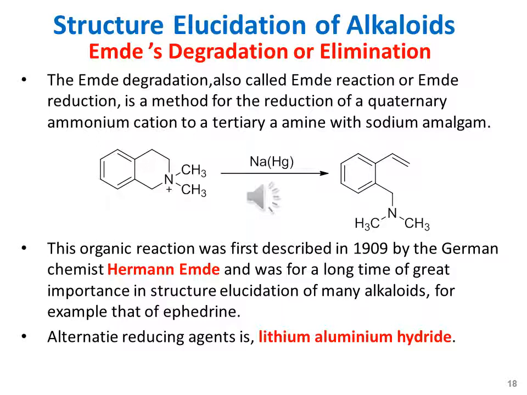For example, the structure of ephedrine was elucidated with this Emde degradation method. An alternate reducing agent instead of sodium amalgam is lithium aluminum hydride. So if an alkaloid contains a quaternary ammonium salt, then upon reduction or Emde degradation, it produces a tertiary amine.